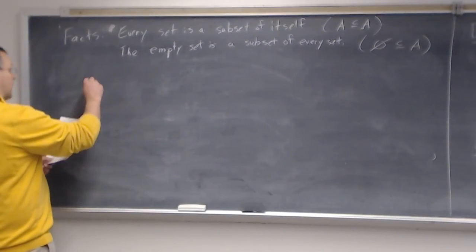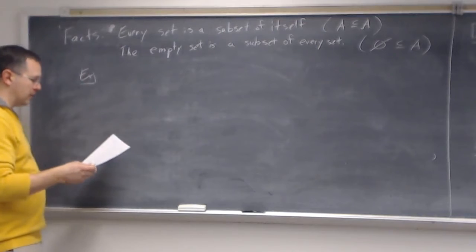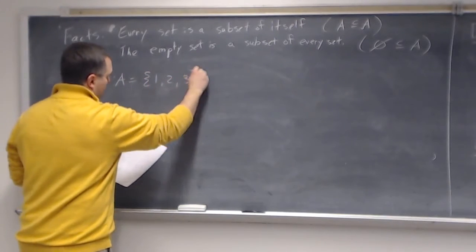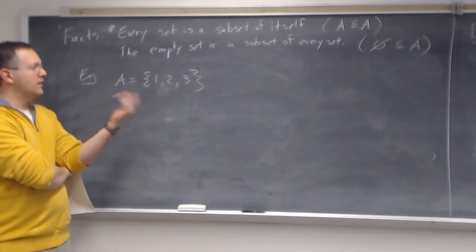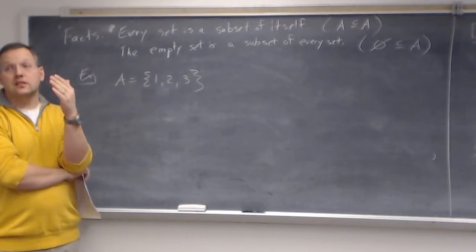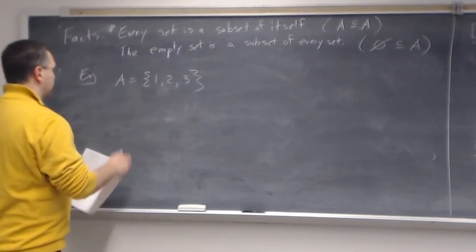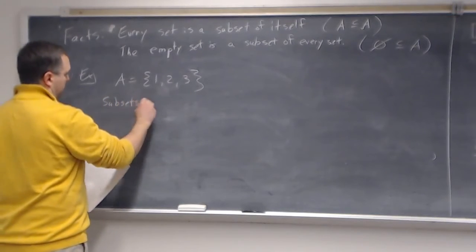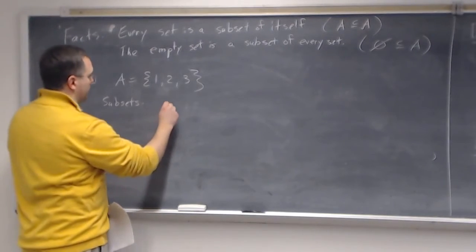Let's do a concrete example here, using abstract symbols. It seems more concrete, right? If I have a set {1, 2, 3}, let's list the subsets of A. Well, we start out with the empty set.